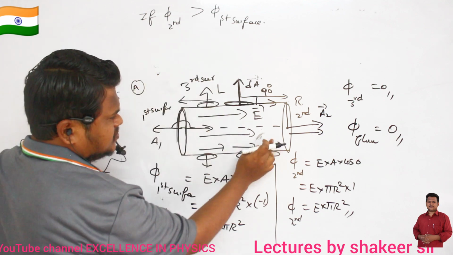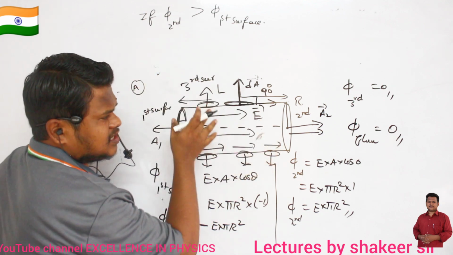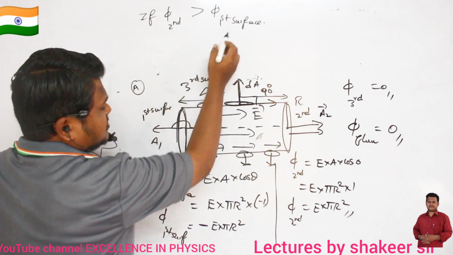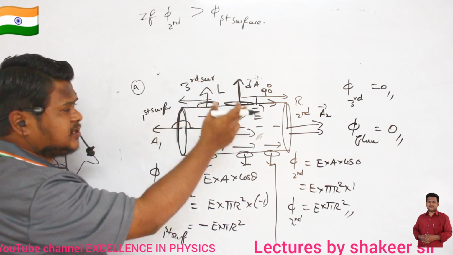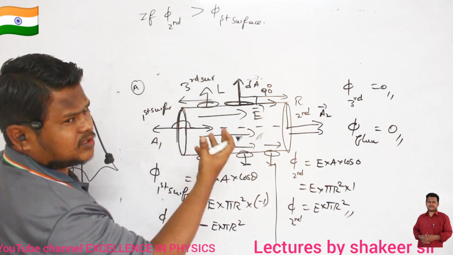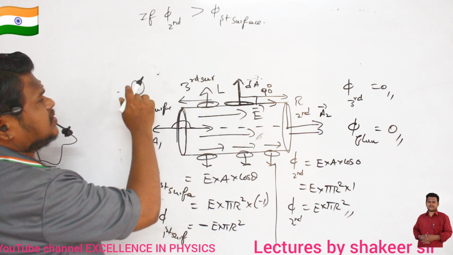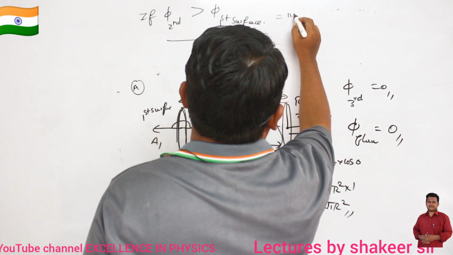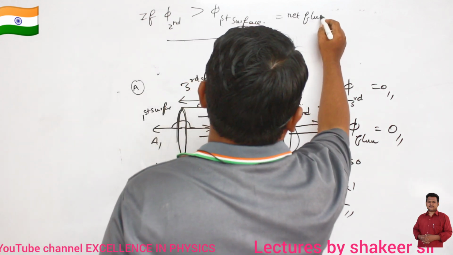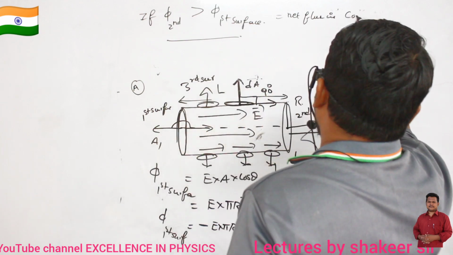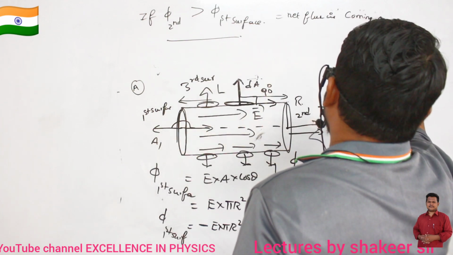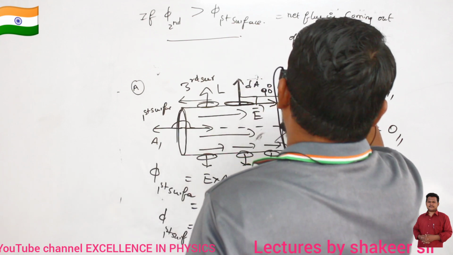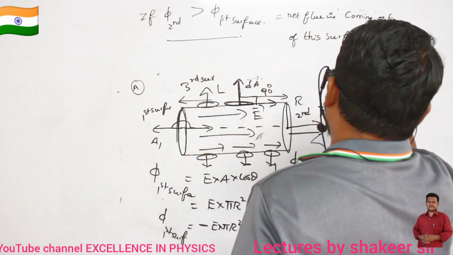Flux through the second surface is the flux which is coming out of this surface. If it is greater than the flux which is entering into the surface, it means net flux is coming out of this surface, no? Then in that condition I can say net flux is coming out of this surface.